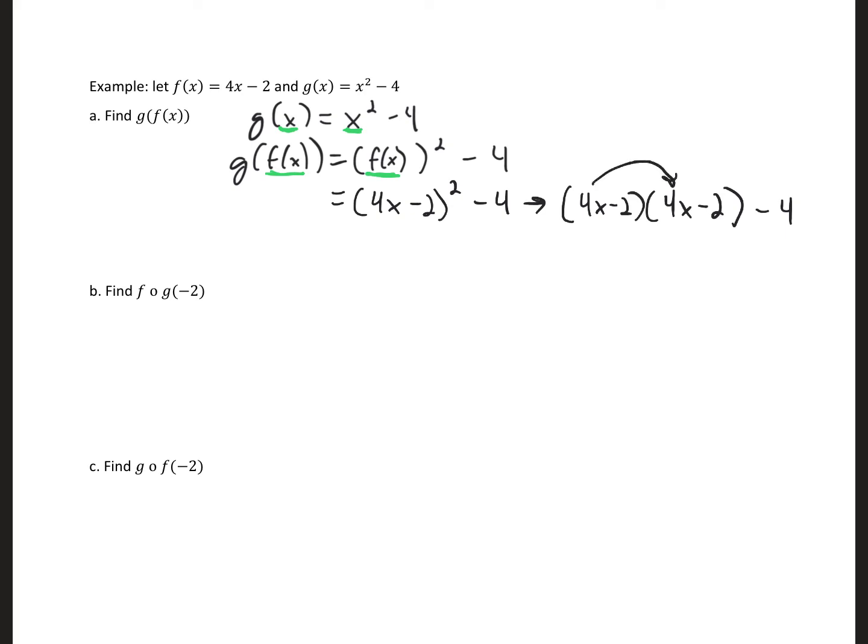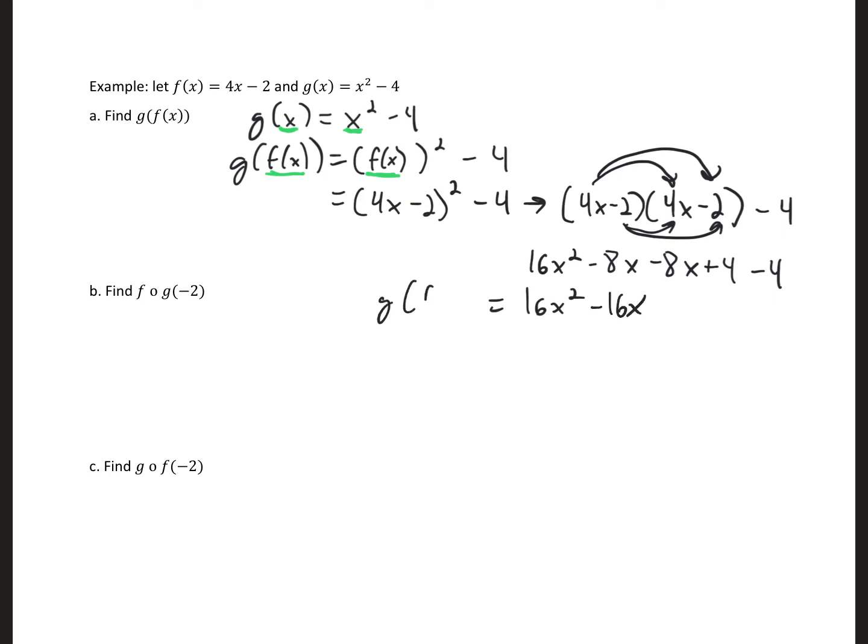And if we distribute this, we get 16x squared minus 8x plus 4 minus 4. So this whole expression is actually 16x squared minus 16x. That is our g of f of x.